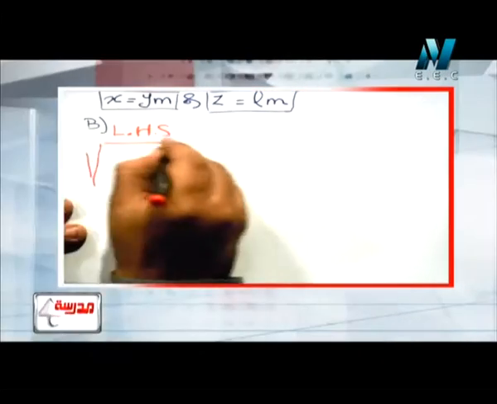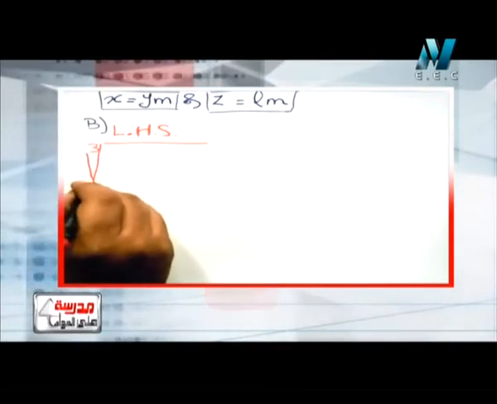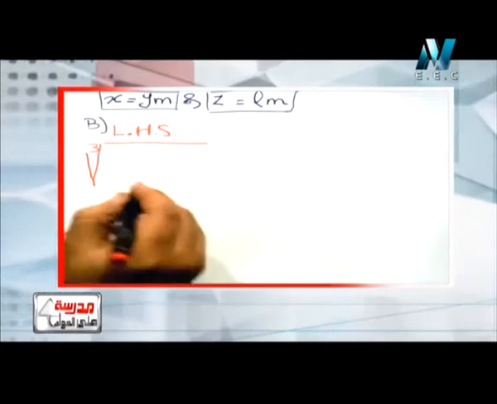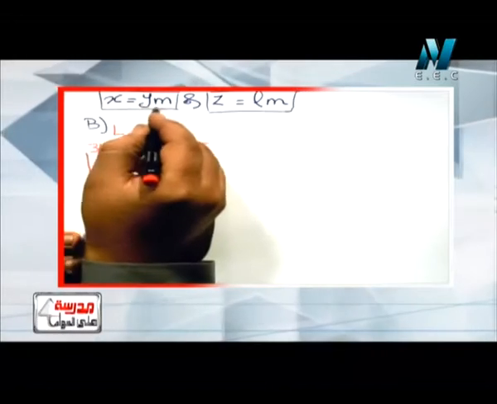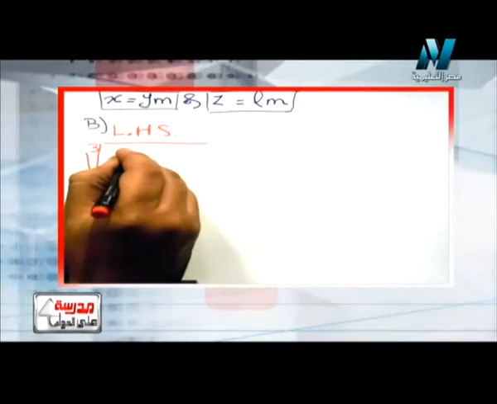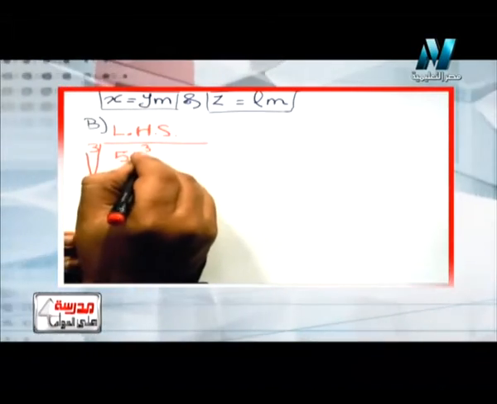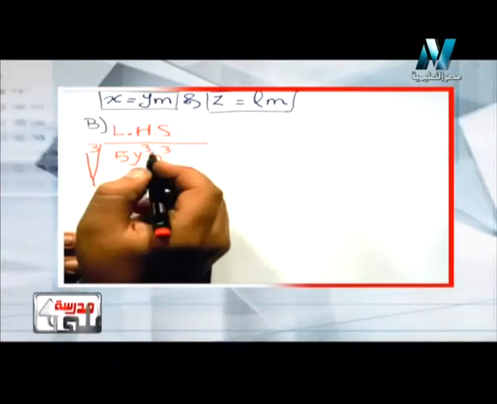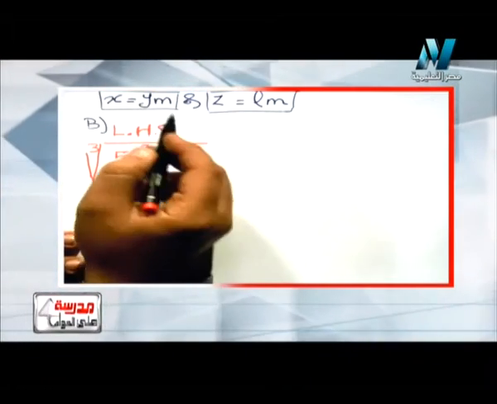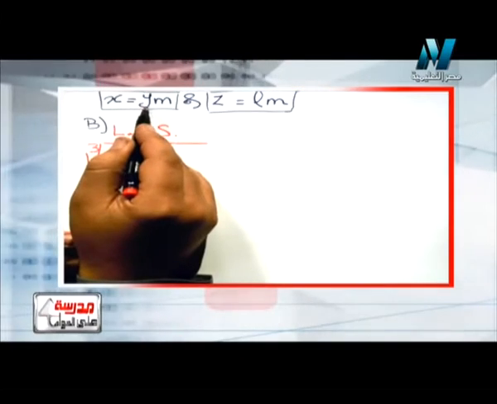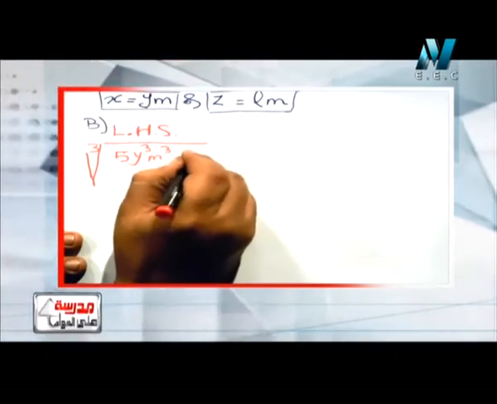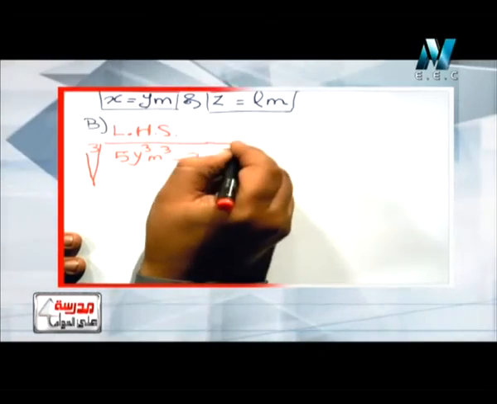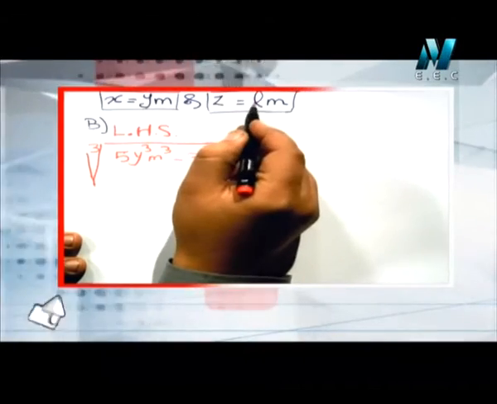So this is a cubic root of 5 times x power 3, which is ym. So y to the power 3, m to the power 3, as a very important property for the powers, as x power 3 is the same as y power 3, m power 3, minus 3 z power 3. And z power 3 is the same as l power 3, m power 3.